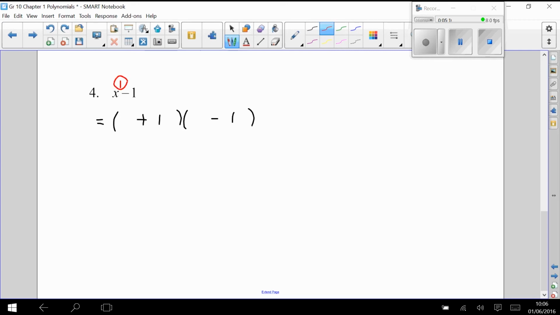I told you that you need to split the x factors so that you've got half of them at the front of the first bracket factor and half of them at the front of the next bracket factor. Now let's just look at this on the side. If I have got x to the half, and that is times by x to the half, haven't I actually got x to the 1?